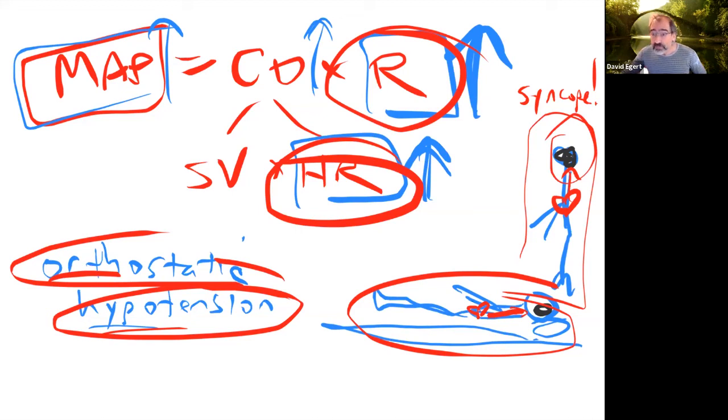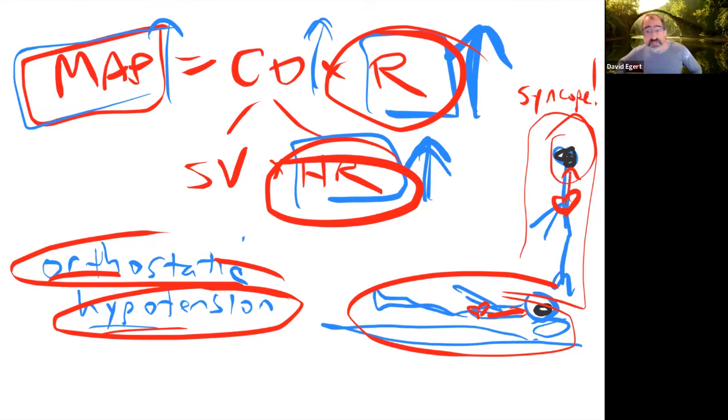As people get older and older, their reflexes get slower, and it's much more common for an elderly person to get up too fast and go, whoa, got a head rush, because that reflex isn't happening as quickly, and there's that moment where the brain is not getting enough blood.